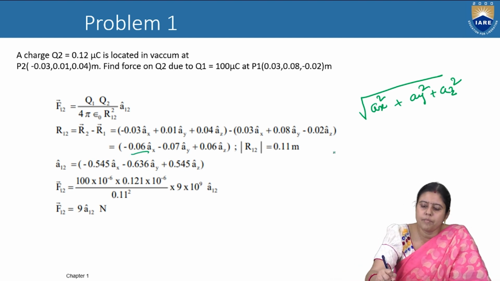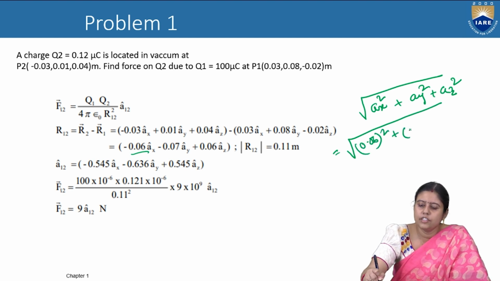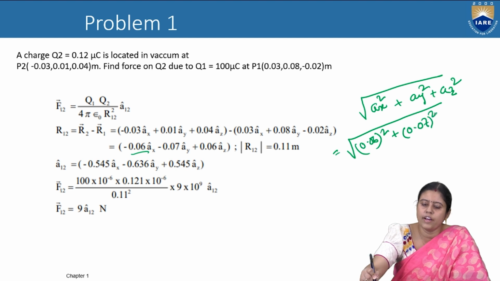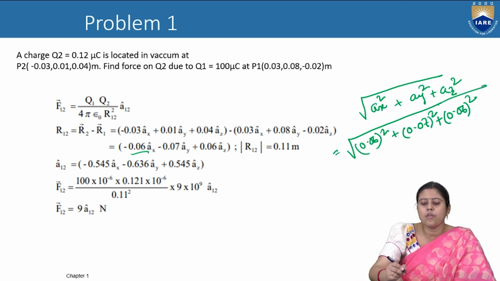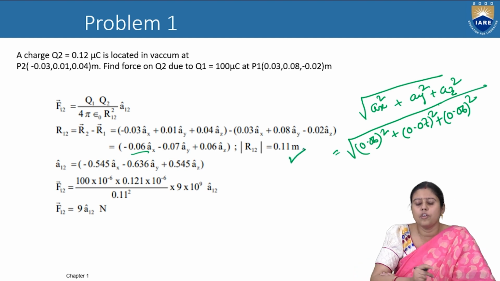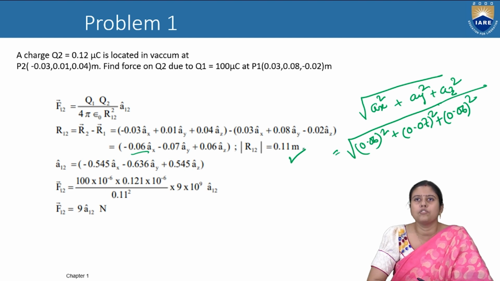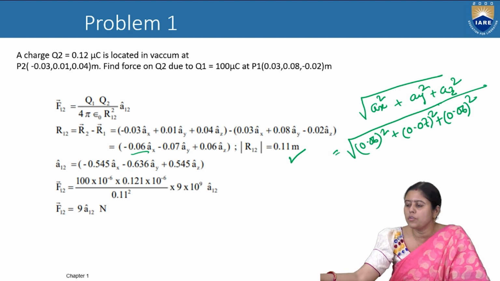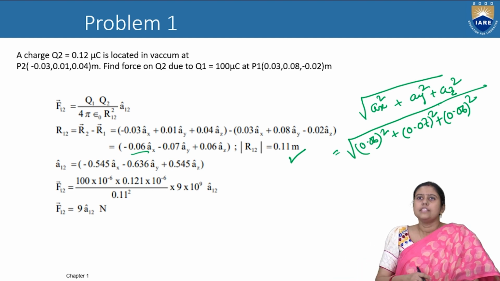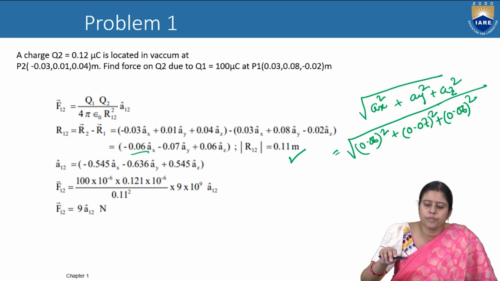So it will come like square root of 0.06 square plus 0.07 square plus 0.06 square. If we solve this, we will get R12 is equal to 0.11 meter. So the distance between the 2 points Q1 and Q2 is equal to 0.11 meter. This is the first part of the question.